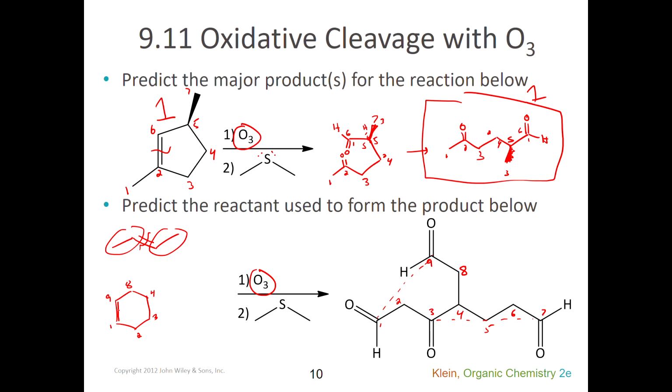Right, so when this breaks, 1 and 9 end up getting separated, and they both end up getting a CO double bond instead of a CC double bond. So then I've got to account also for the fact that carbons 3 and 7 were probably connected through a CC double bond, so that when that broke and opened up, now I've got two separate CO double bonds. So I've also got 4 still connected to 5.